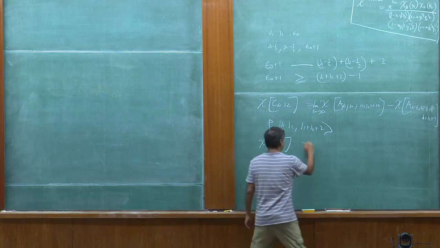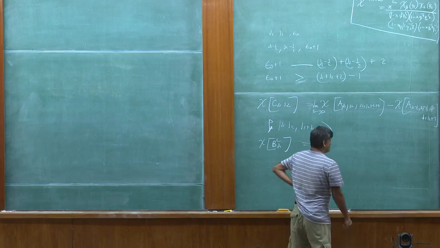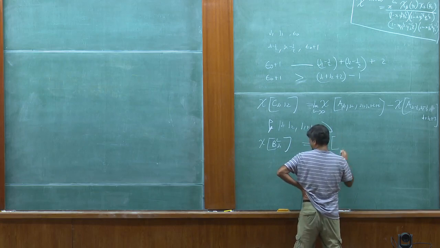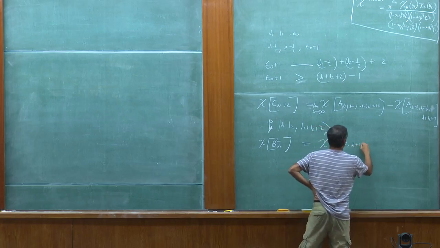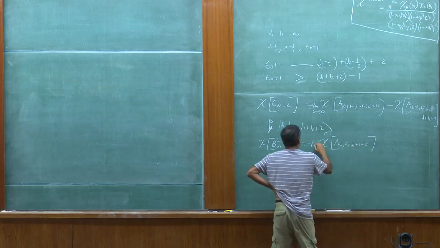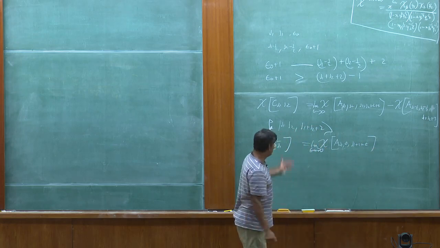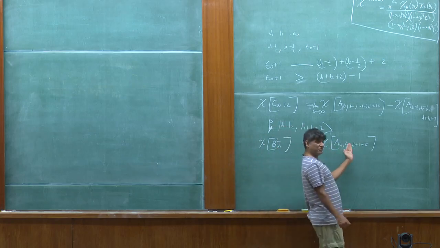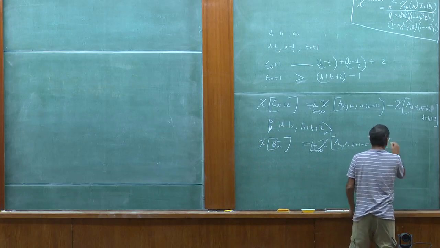This is equal to chi of A, J1, 0, J1 plus 1 plus epsilon, limit epsilon goes to 0, the long representation with energy just above the short representation, minus the character of the null state.